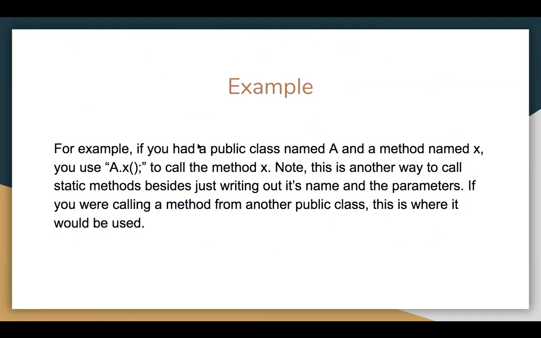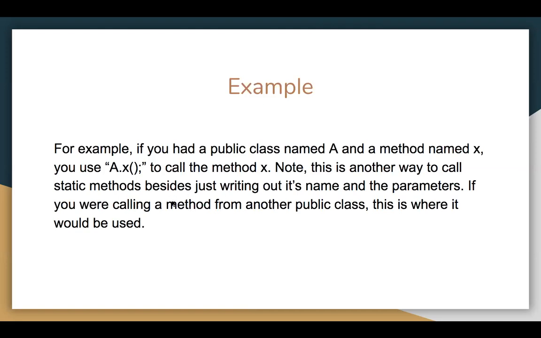For example, if you had a public class named A and a method in that, like a static method, which I should make more clear, named X, you can use A.X to call the method X. Note that this is another way to call static methods besides just writing out its name and the parameters.